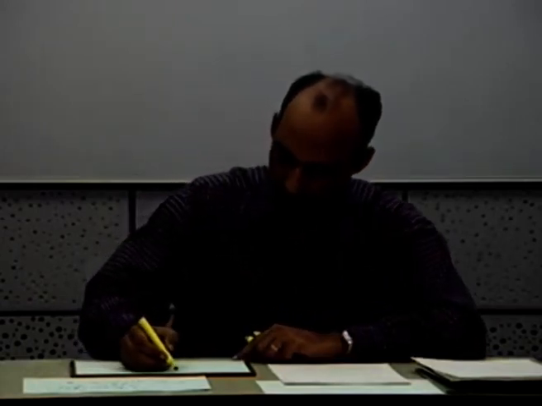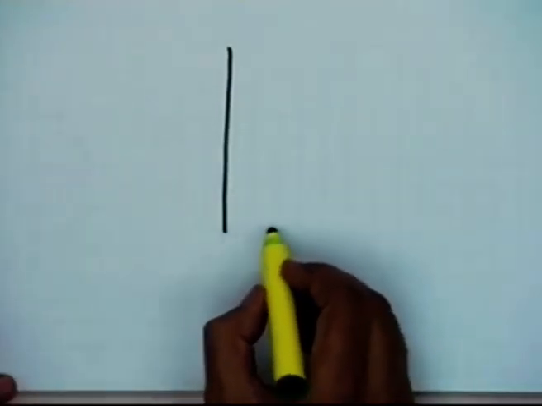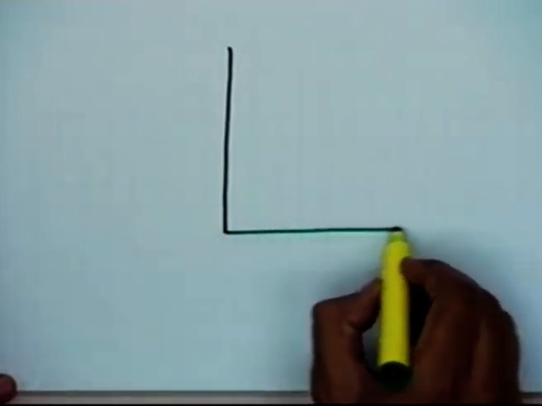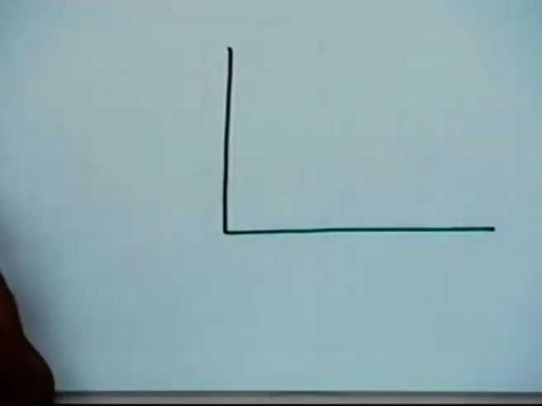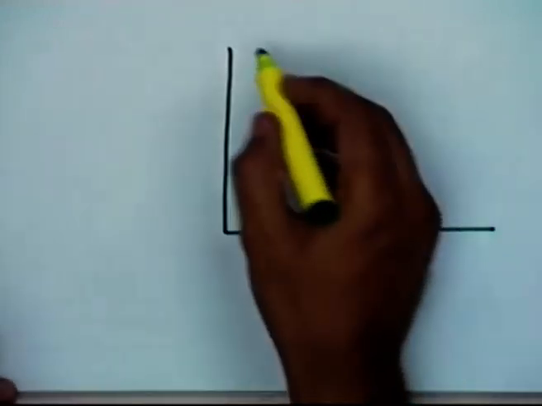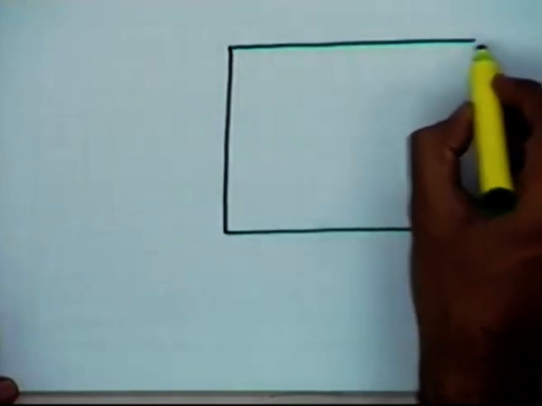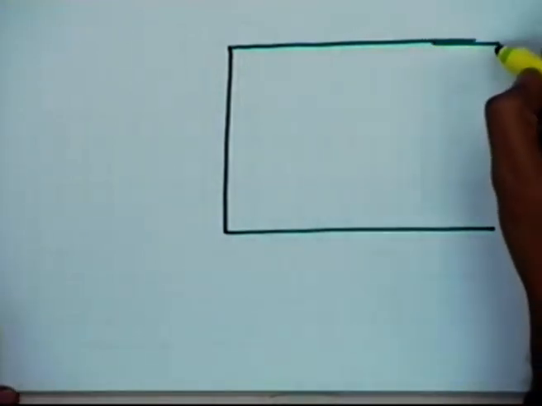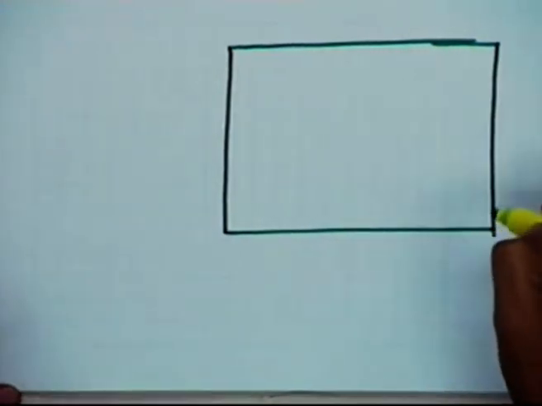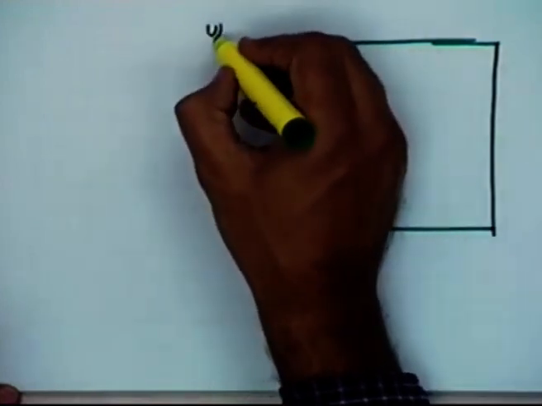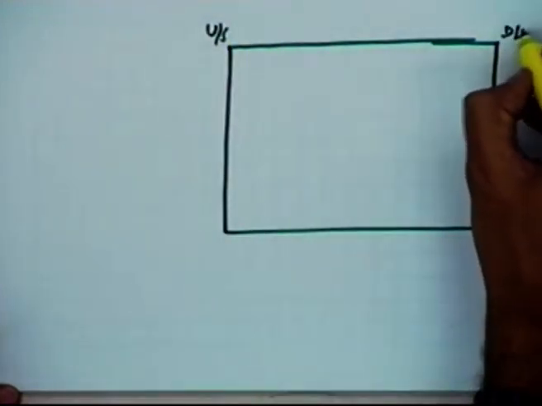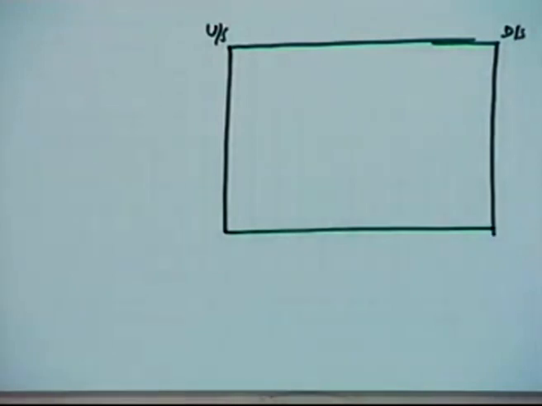Let us have a look at what we have done so far. I will try to sketch this. This is your total field. This is the upstream end, and this is the downstream end.